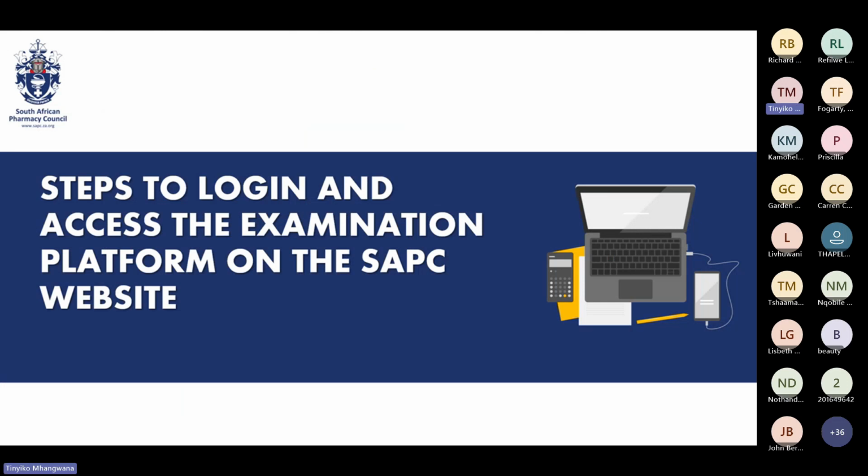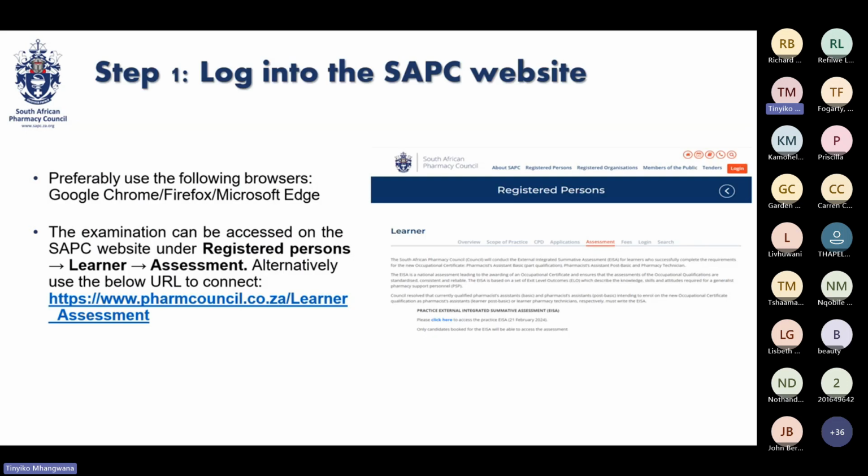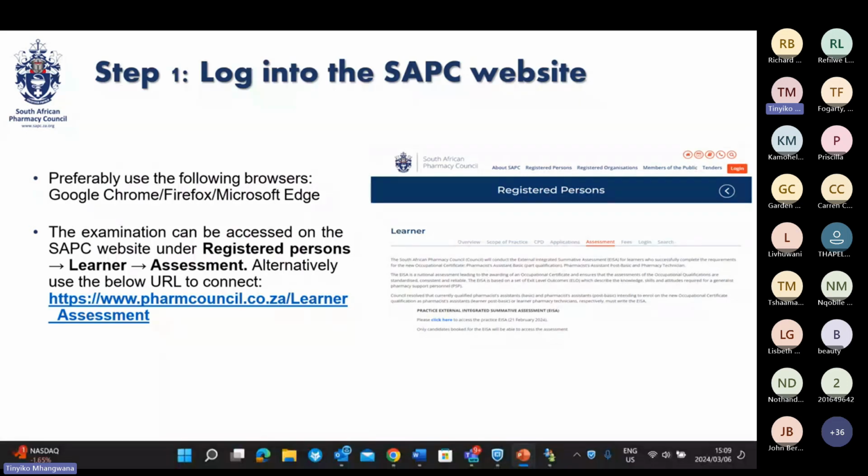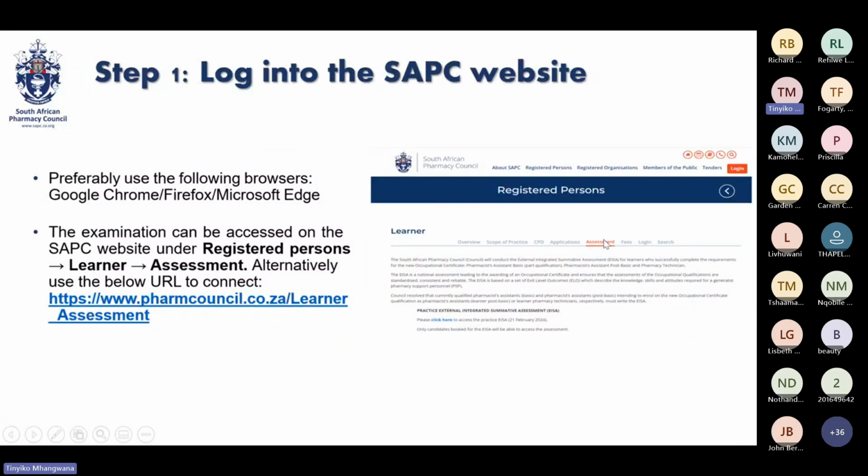Steps for logging in to access the examination platform on the website. As I've already highlighted to you where you are going to find the exams when you are logged in here, that you're going to assessment. This is where it will take you. There is also a link that you can use alternatively, which is this link here, that you can access the exam by clicking on the link.